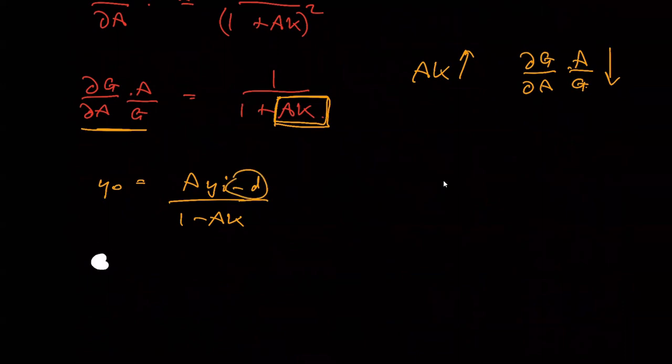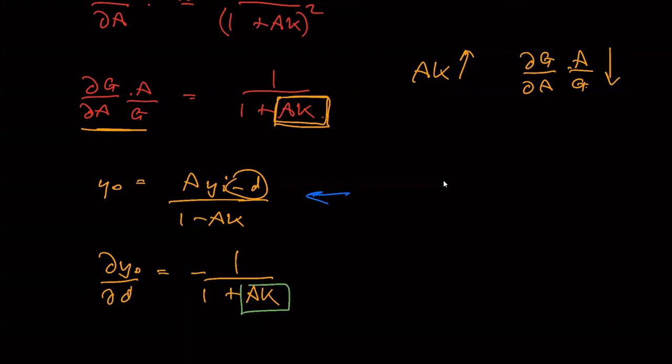And again, I can just compute the derivative of y0, because that's what I'm interested in. How is y0 affected by disturbances? I differentiate this equation with respect to D, and I get minus 1 over 1 plus A k. And again, you see that the sensitivity reduces as the loop gain goes up.